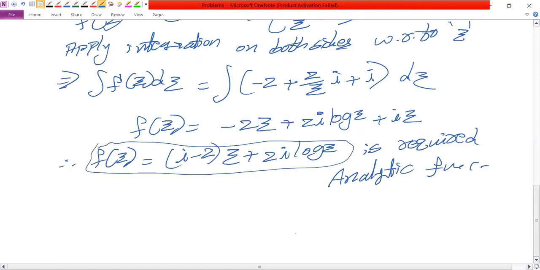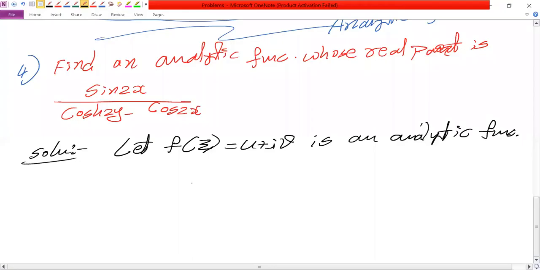So tell me students, shall we discuss one more problem? Here we need to find the analytic function whose real part is sin 2x by cosh 2y minus cos 2x.